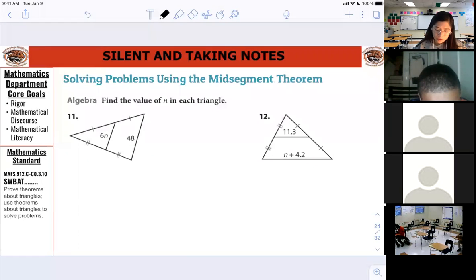Okay, so as usual, we can solve some problems using the midsegment theorem. So let's look at number 11. It wants us to find the value of n in each of those triangles. And let me just label this triangle so that we can talk about it more clearly. Based on the midsegment theorem, what do I know about the relationship between the midsegment and side BC?